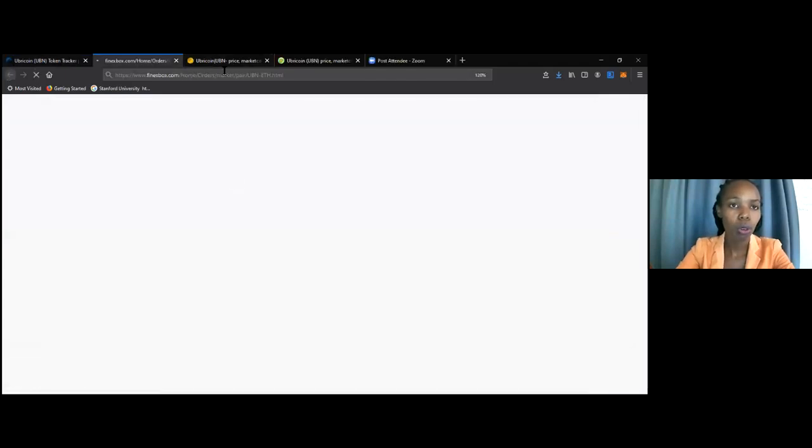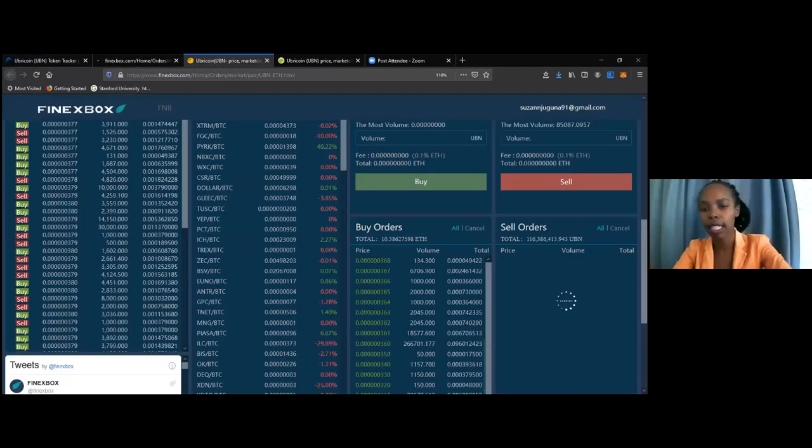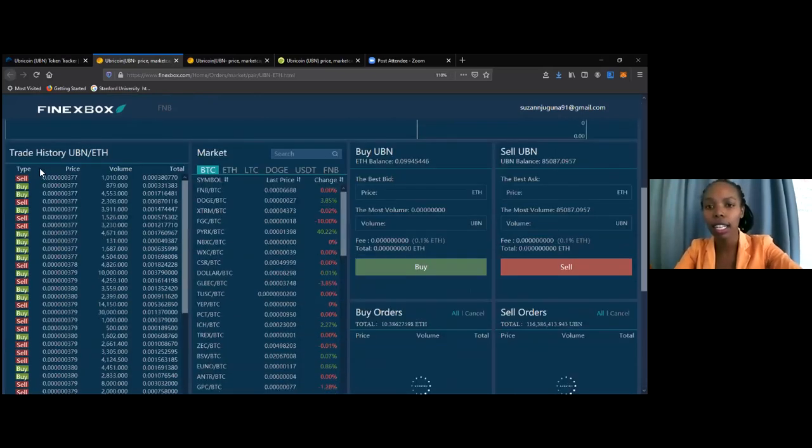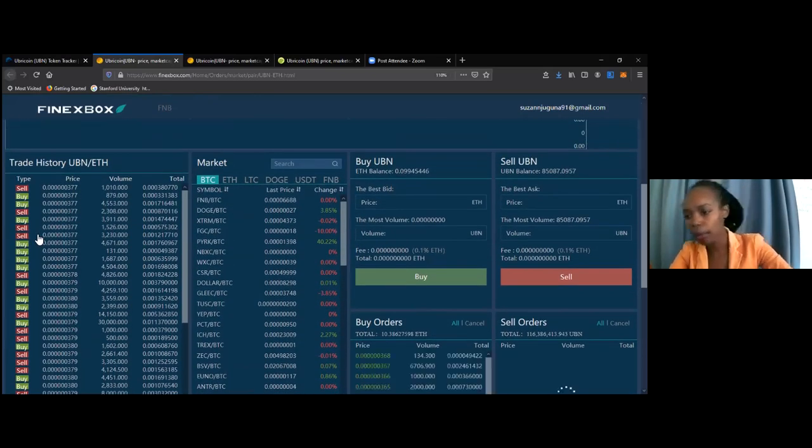I'm going to go to a different market because this is still loading and it may take some time. I want to show you, if you are really interested in selling your UBNs, because for us to have people putting orders below the market price, it means that they want to sell their UBNs. If at all you're really interested in selling your UBNs, just give me a minute.